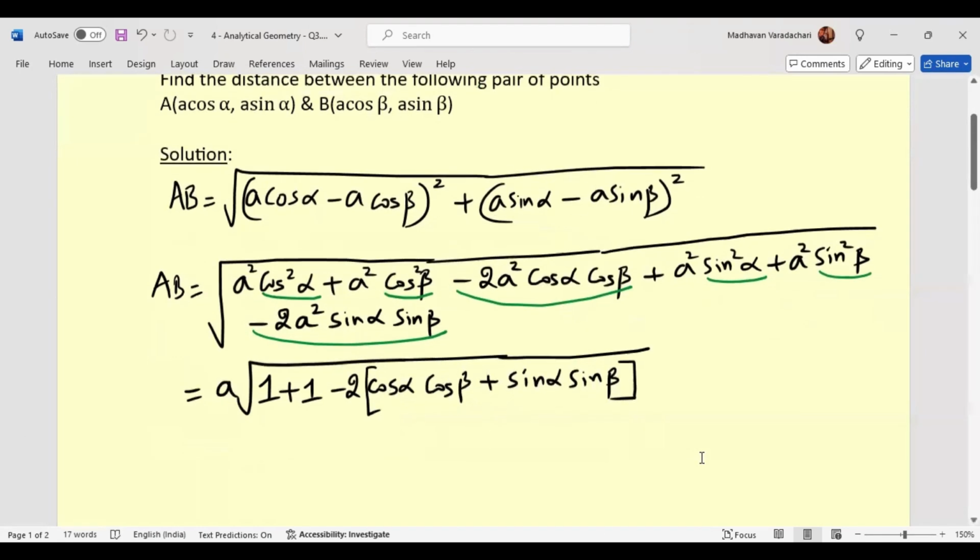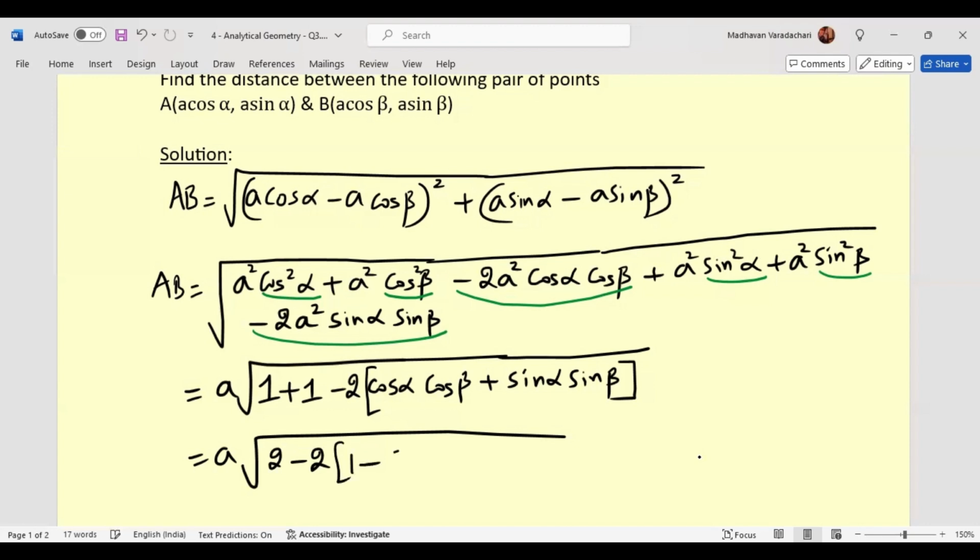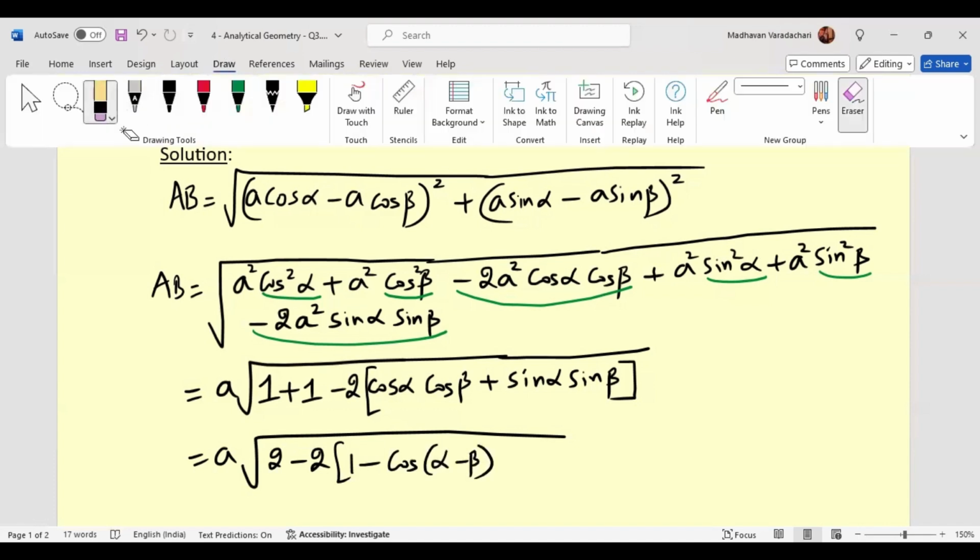So now we may notice this is nothing but a root of 2 minus 2 times. Now we have cos alpha, cos beta plus sin alpha, sin beta, which is nothing but 1 minus of cos of alpha minus beta based on trigonometric functions.